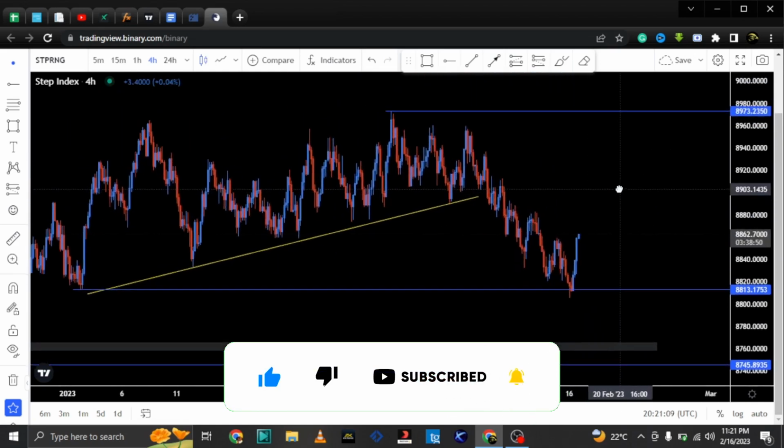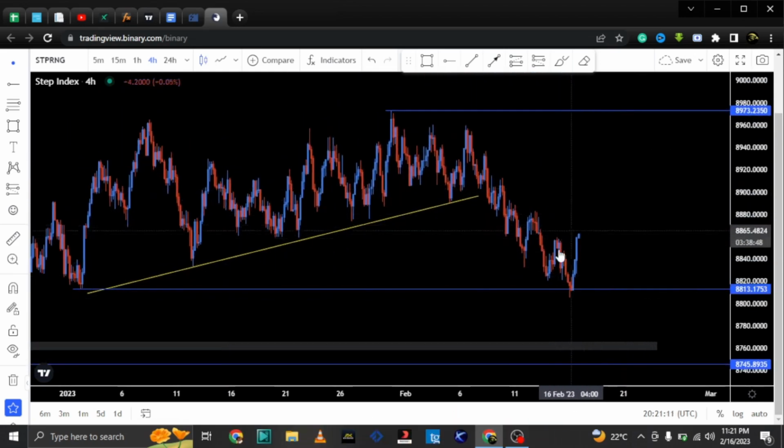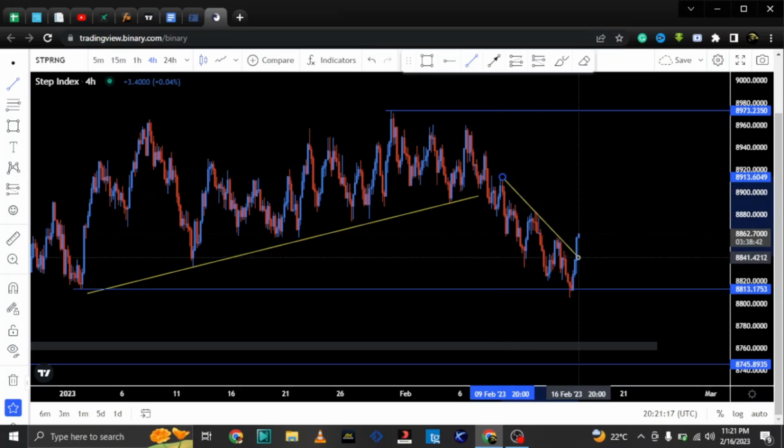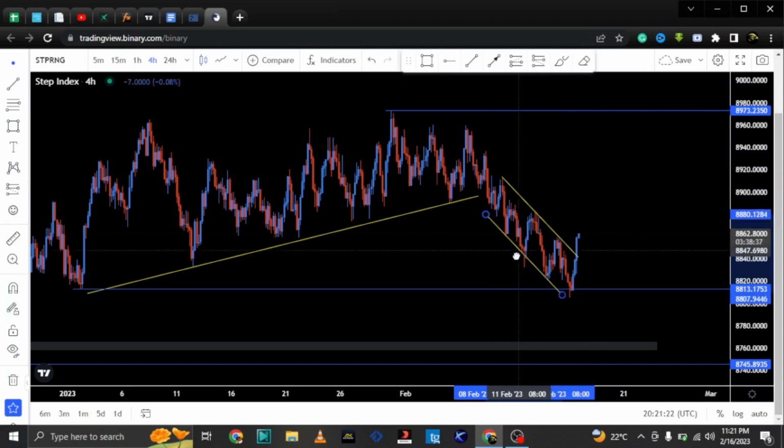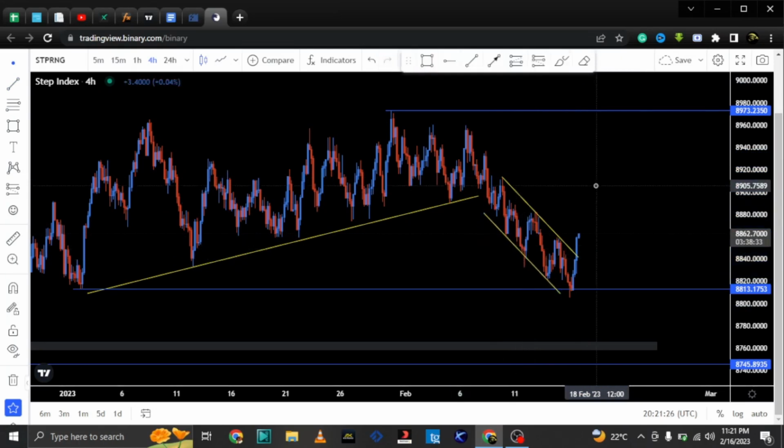So what I'll do is, you see there's a very strong bullish movement over here, and if I draw this over here, this looks like the market has broken out. We could look at it this way: we've hit our 90% rule, and the market is now trying to move to the upside.